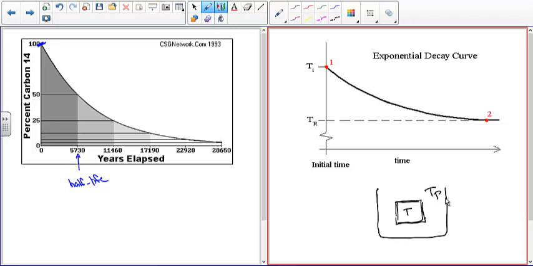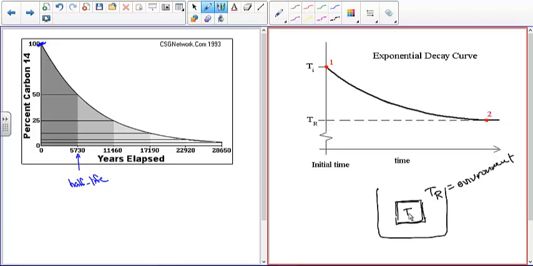T sub R is the temperature of the, I don't know what they have R standing for, but it's the temperature of what we would call the environment. And you're assuming the environment has enough mass that it stays constant, so it's always the same environment temperature.